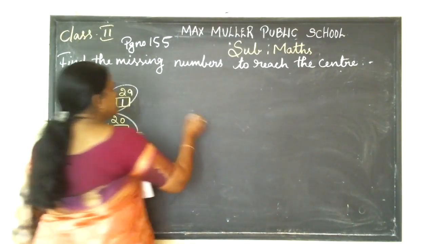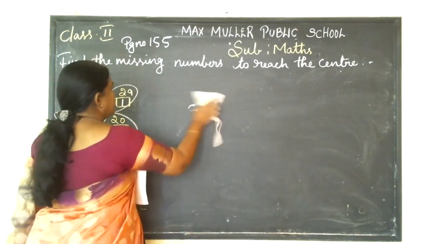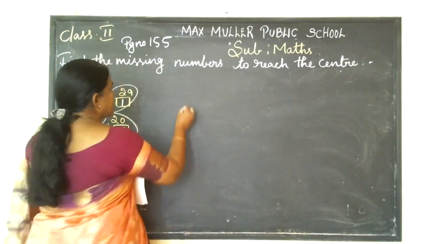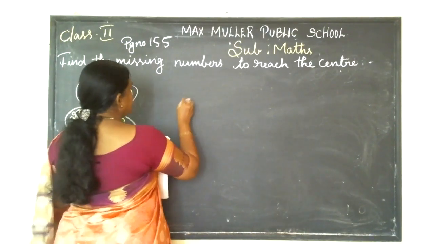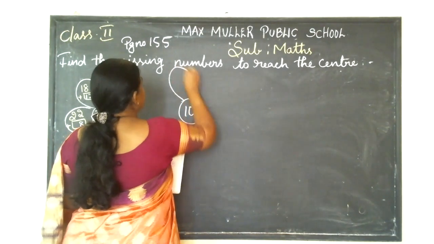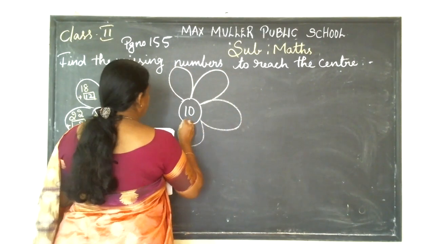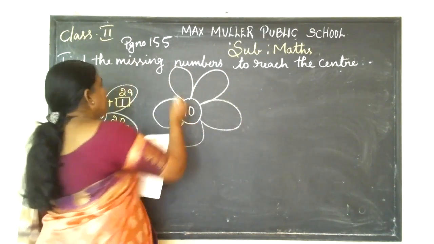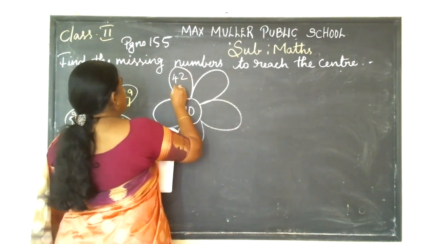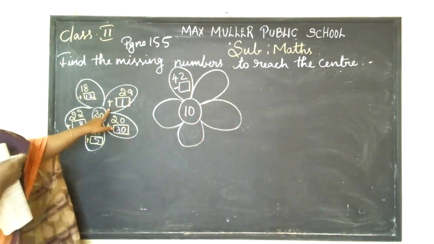Now next one. Next one. See the next one, children. 10. 42 minus. See the sign here, children. Here plus is there.